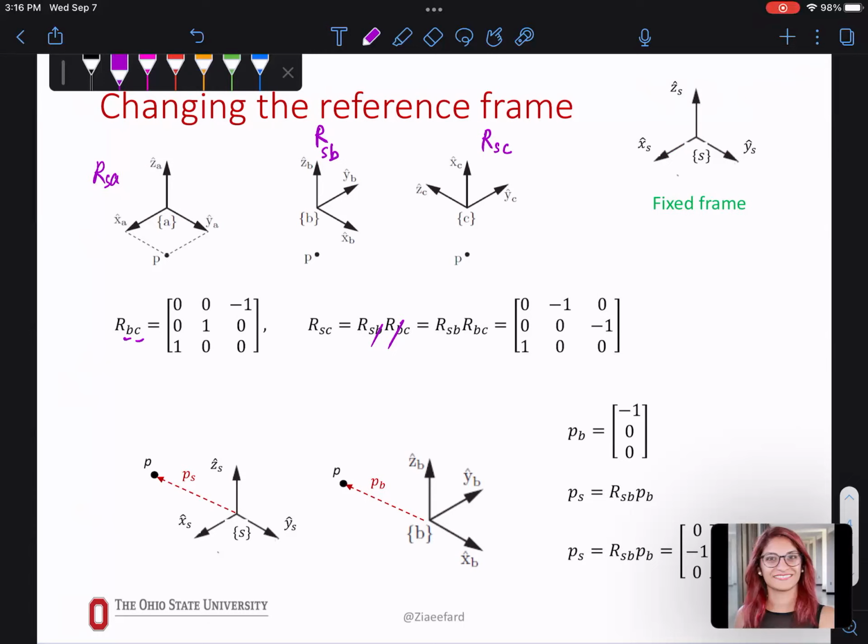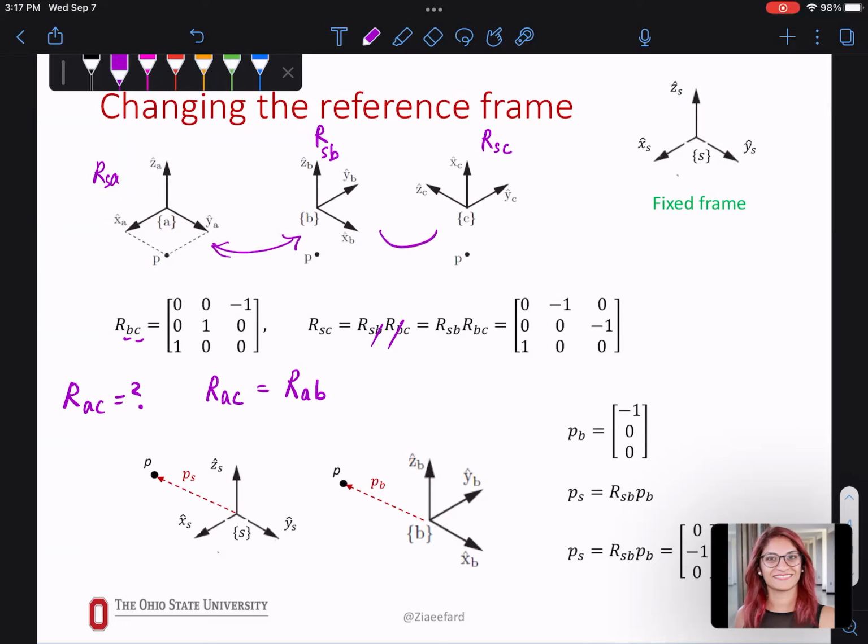Here, let's see. We want to find RAC. All right. So RAC, meaning reference frame C with respect to A, is going to be, let's say I know what is the rotation between these two.